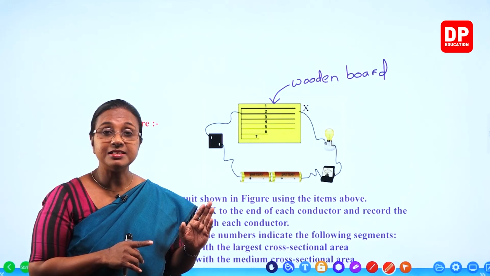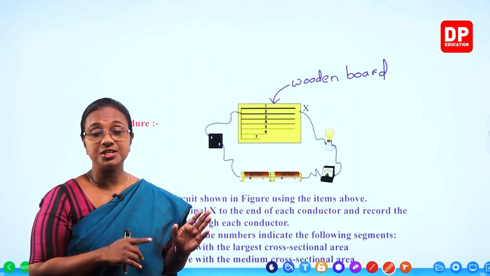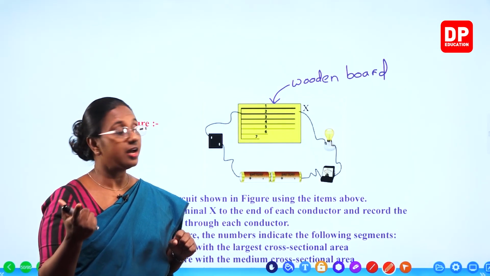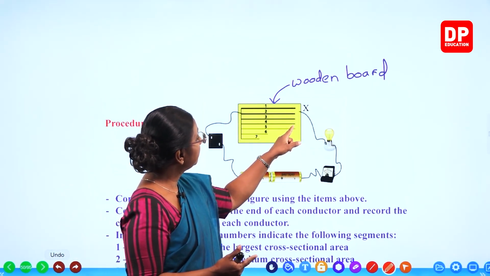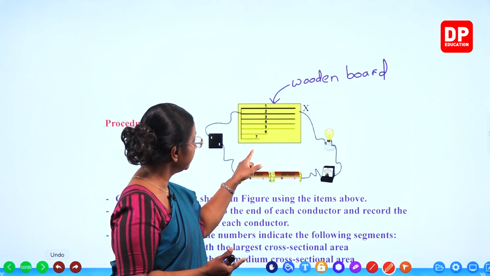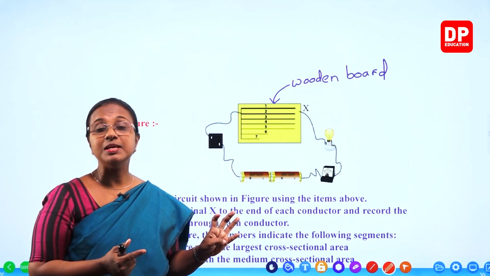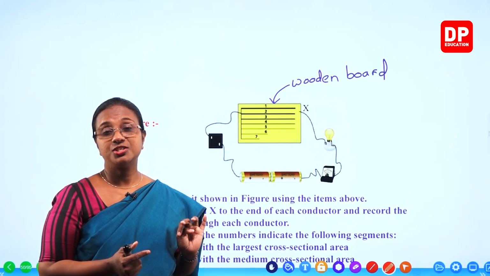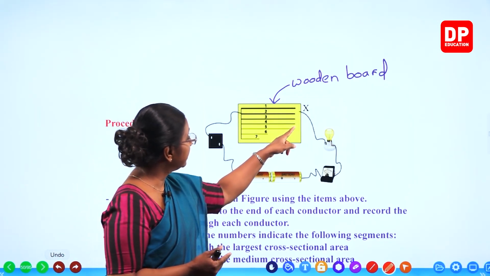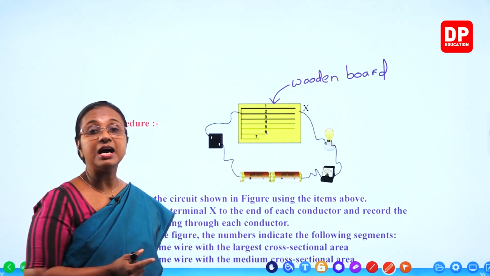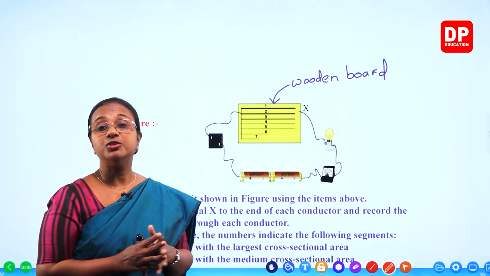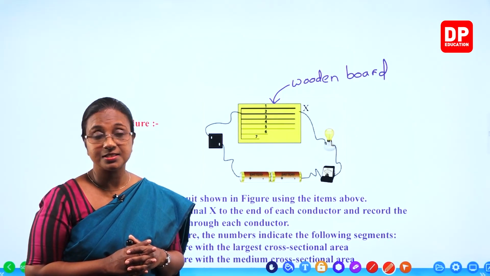So the material composition is different, but the length and the area of the cross section are the same. Then if you take 5, 6 and 7, the material will be the same and the area of the cross section will be the same, but the lengths are different. 5, 6 and 7.